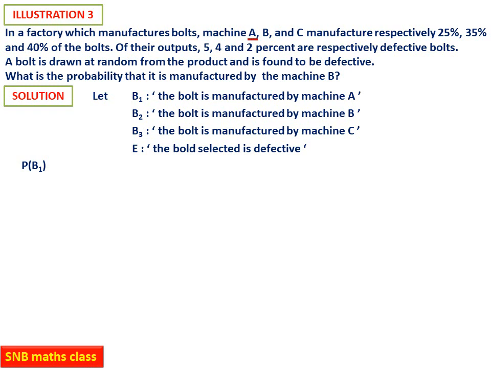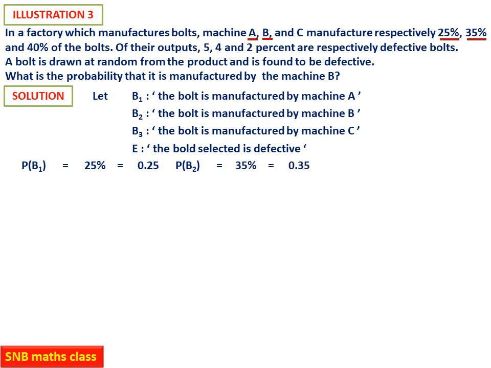Now let us first write what is probability B1. See here, A produces how many? 25% of the bolts. Therefore, it is definitely 25%. That means 0.25. So probability B1 is 0.25. Similarly, probability B2. So you can check B produces how many? 35%.